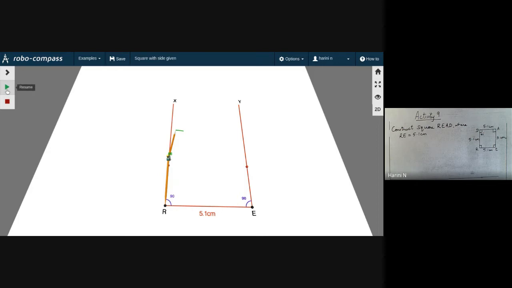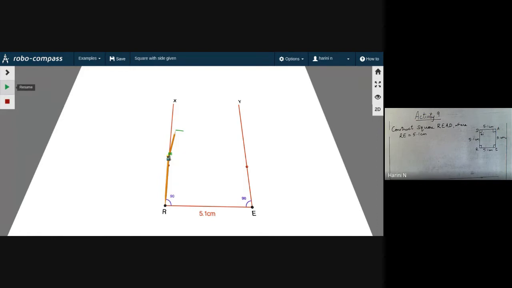Okay, what do you think is the next step? You know that the other three sides are also 5.1 centimeters in length. So you have to locate a point from R, which is at a distance of 5.1 centimeters from R. So both the points, that is the other two vertices, B and A, are at a distance of 5.1 centimeters from R and E respectively.